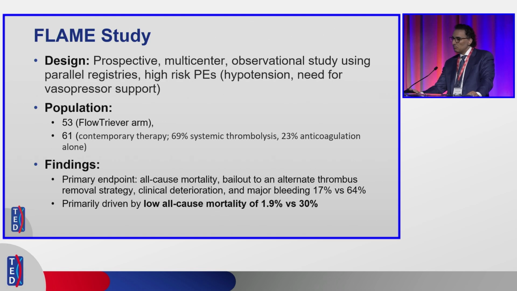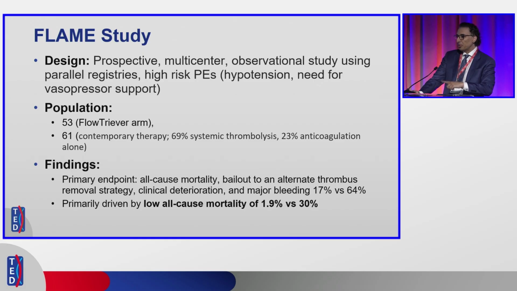And then I thought this was interesting. This is a prospective multi-center observational study, but they had 2 parallel registries, and they included high-risk PE patients. They defined that with hypotension and need for vasopressor support. So the population was a FlowTriever arm and then contemporary therapy.